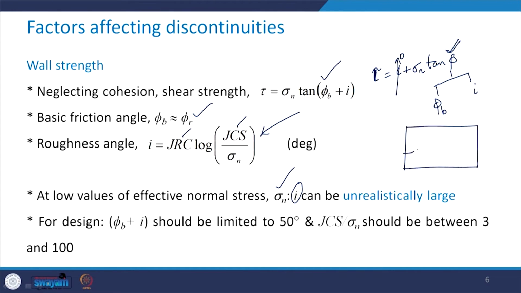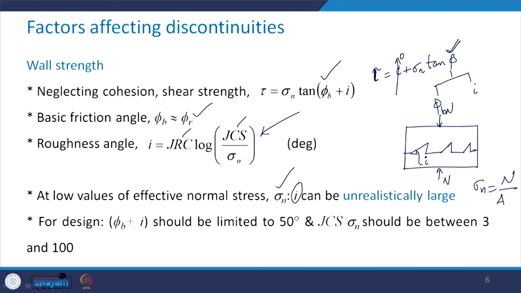Let us say that you have this type of situation, with these regular teeth. When you have a very small value of the normal load, sigma n will be capital N upon A. So, at a very small value of this sigma n, this value of i can be unrealistically very large.